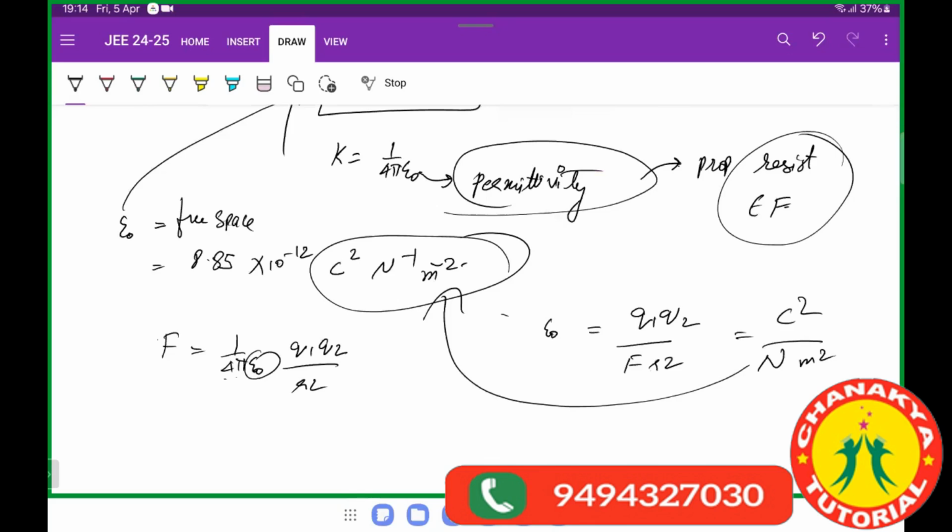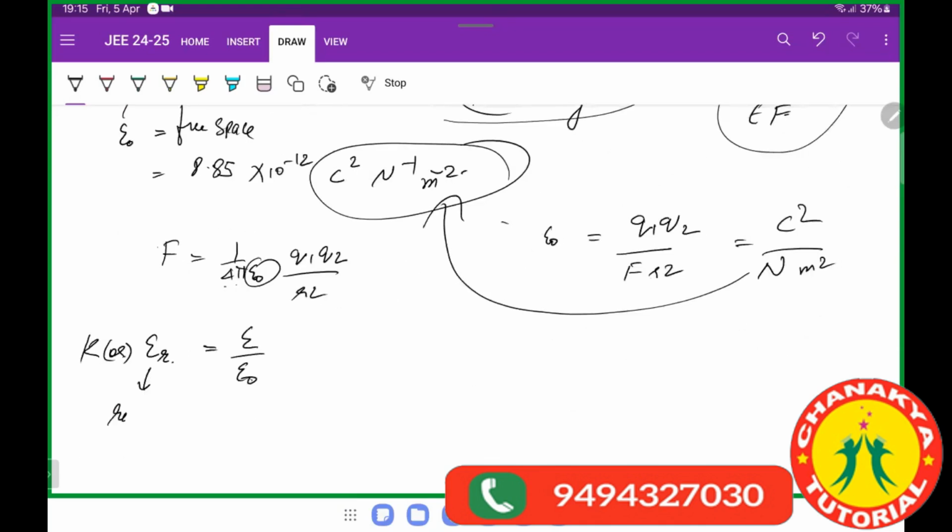Now there is a relation between permittivity of free space and other media. Epsilon r equals epsilon by epsilon naught. This is the relative permittivity, and this is the permittivity of free space.